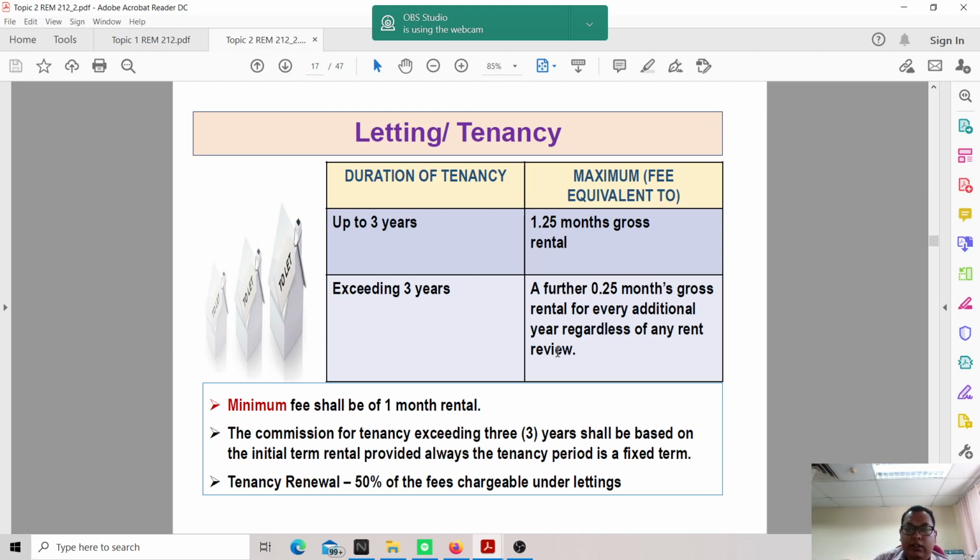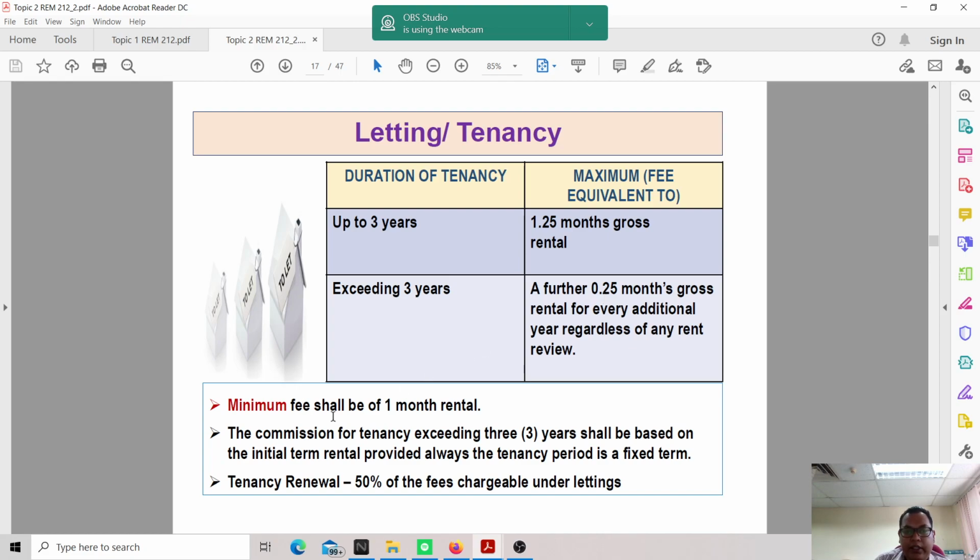It's already a lease. So a further 0.25 months gross rental for every additional year, regardless of any rent review. Let's say you are leasing for 10 years, so you can get 1.25 and then 0.25 times 7 more years. So you count how much rental you are going to be making.